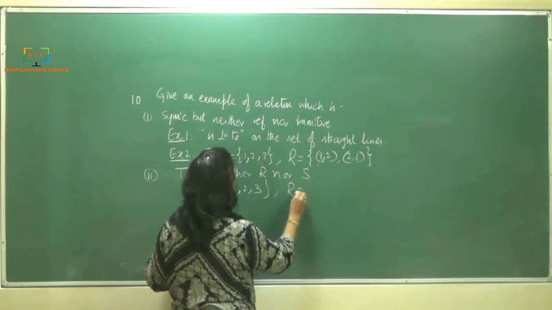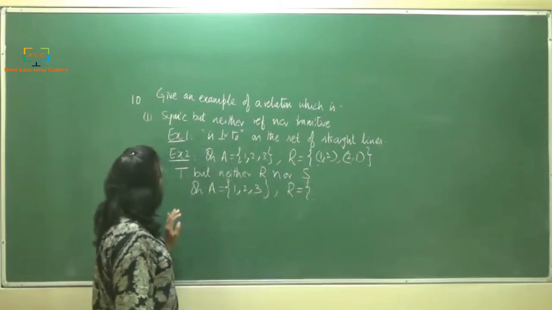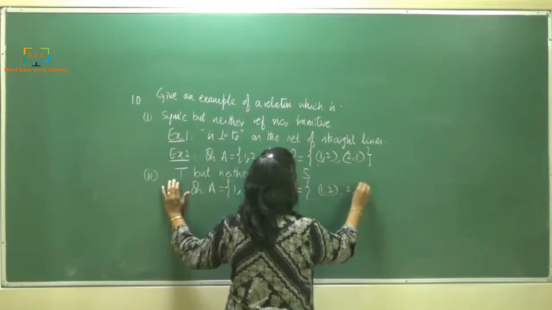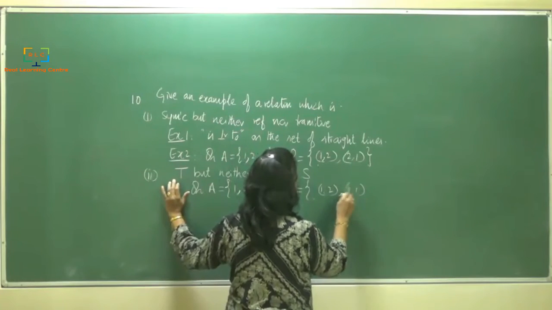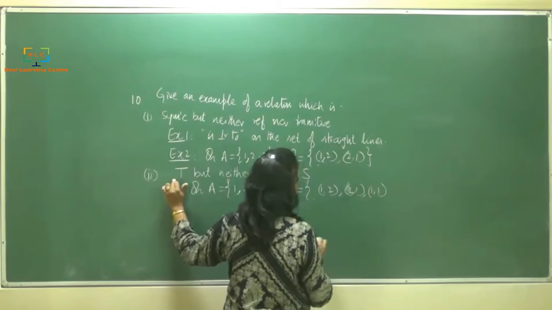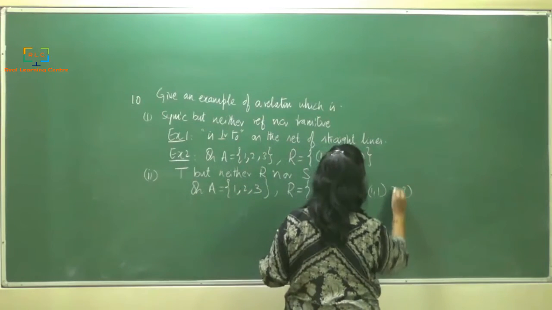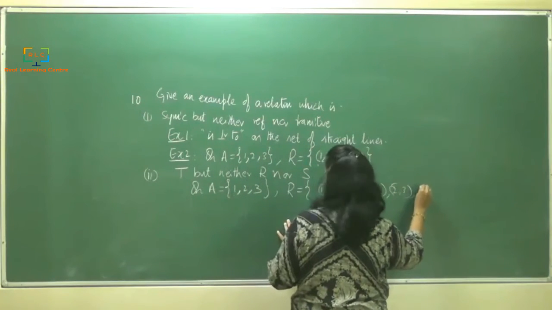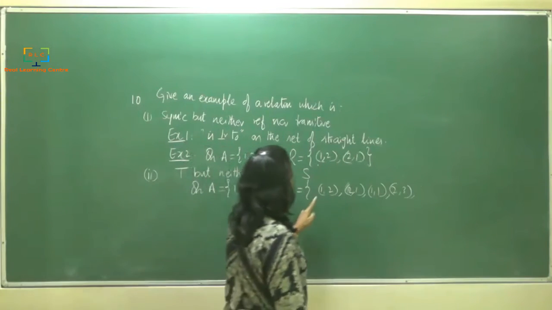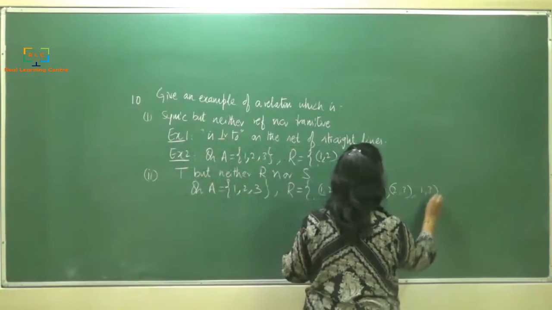We'll say the relation R equals, it should be transitive, is it not? So I'll say (1,2), (2,1), (1,1). And then I'll go for (2,3). And it should not be symmetric, it should be transitive, is it not? (1,2), (2,3), I'll write (1,3).